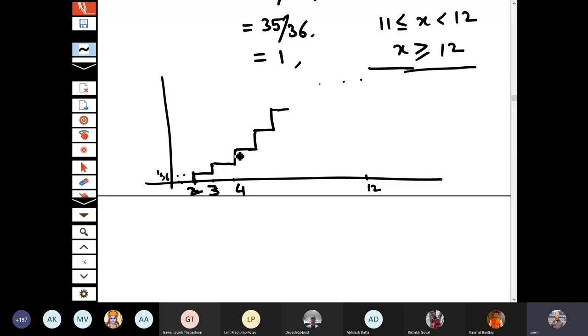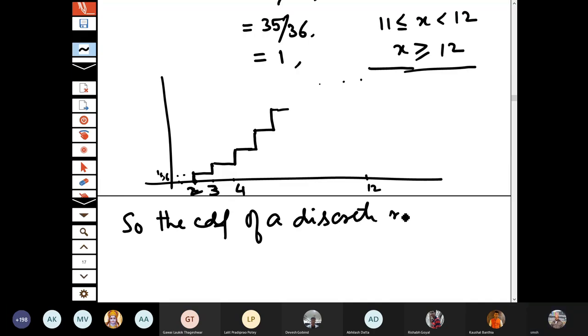Similarly, the step size at 4 is 3 by 36, which is the probability of X equal to 4, and so on. So the CDF of a discrete random variable is a step function.